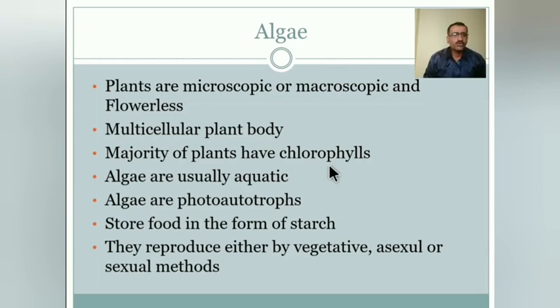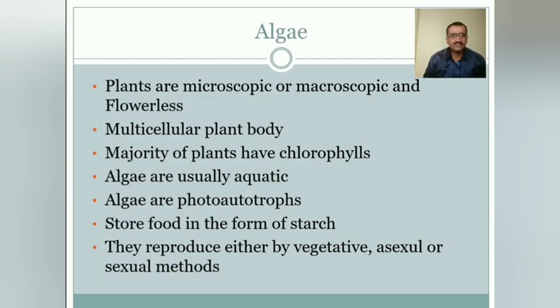So the mode of nutrition is automatically autotrophic. The plants which have the chlorophyll pigment produce their own food material, so they are autotrophic organisms. A very few members like fungi and bacteria have a heterotrophic mode of nutrition, as they lack the chlorophyll pigment.